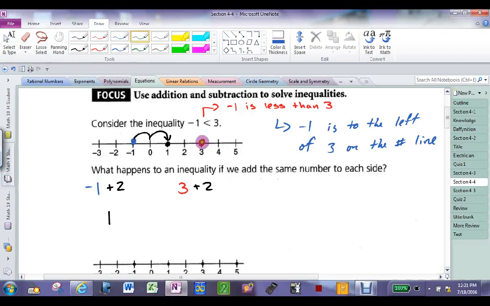How do I add 2 to 3? Go right to 5. 1, 2. And I get the 5. So this becomes 5. What symbol goes in the middle? Less than. Why?